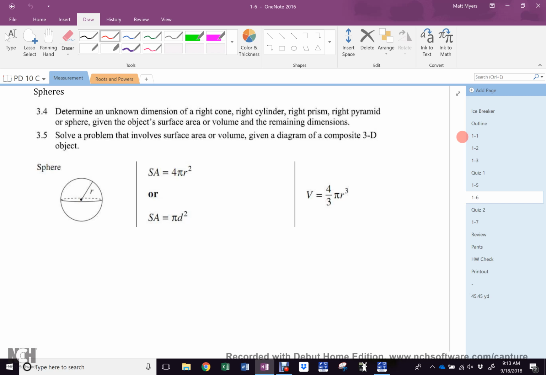We could all do that till the cows come home, right? The problem with spheres is that spheres do not have a flat model. There is no way you can take this and turn it into a sphere.